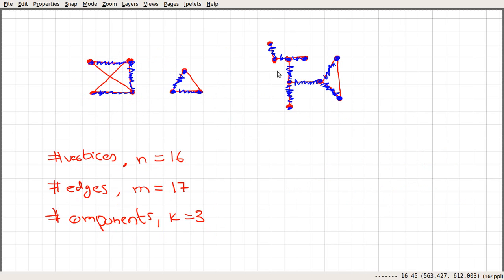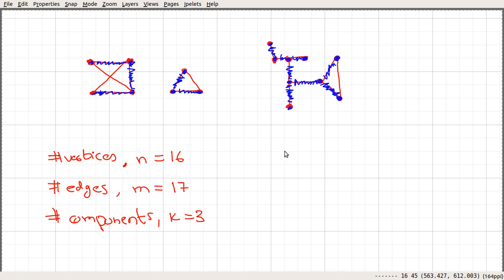So let's consider this disconnected graph. Here the number of vertices is 16, the number of edges is 17, and the number of components is 3. For this graph, the blue subgraphs correspond to a spanning forest.